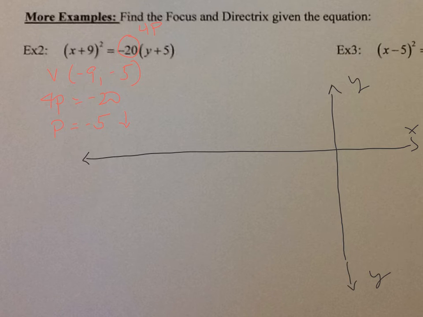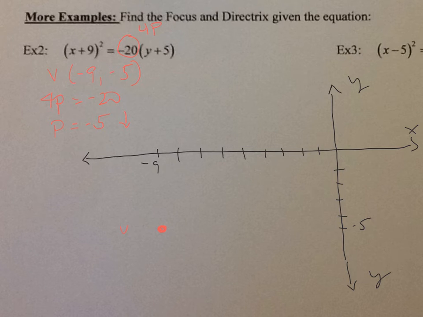And we have -9, 1, 2, 3, 4, 5, 6, 7, 8. There's -9, and 1, 2, 3, 4, -5. So let's plot the vertex, which is right here. And let's put a V next to that.